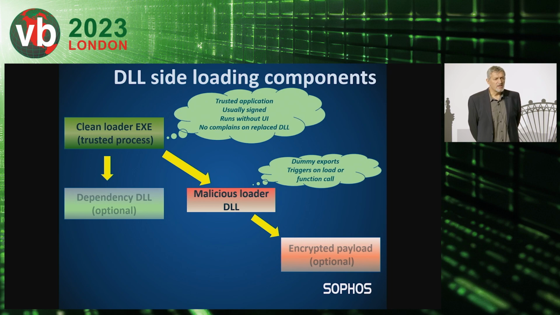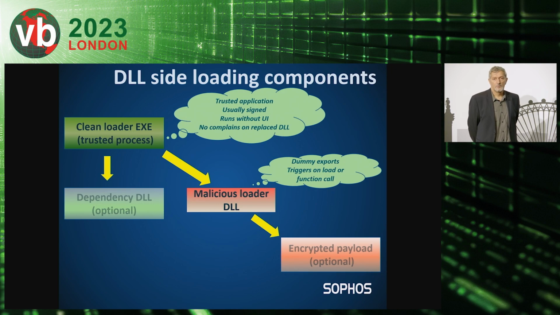So dummy implementations of the original exported functions are placed in the malicious file. And the execution of the malicious content is triggered either by loading the DLL itself or later on directly being called by the clean executable.